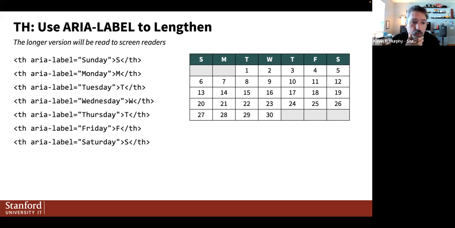In this case, we'll do an aria-label, and we will do the full names of our table headers, and that will replace what is there visually, even when you're down on the cells. So if I'm on 17 and I ask what are my headers, it will say Thursday, not T, if I do the aria-label on the TH.